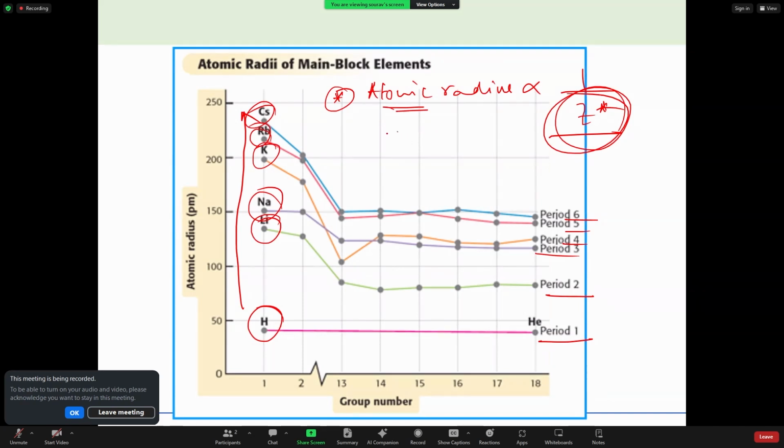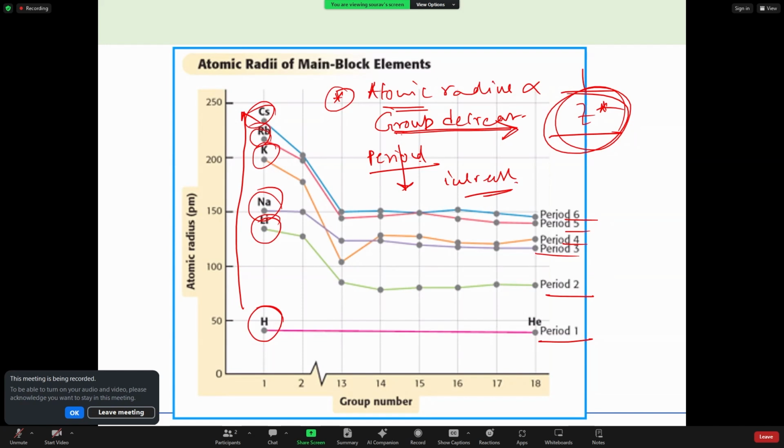So in the period, the atomic radius will decrease. Sorry, in this group, and this is the period, from up to down it will increase.